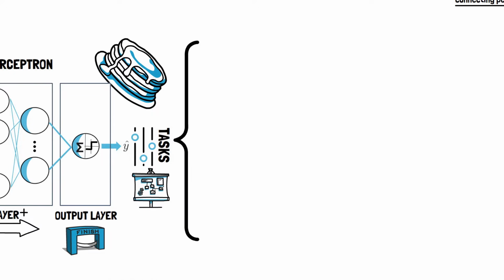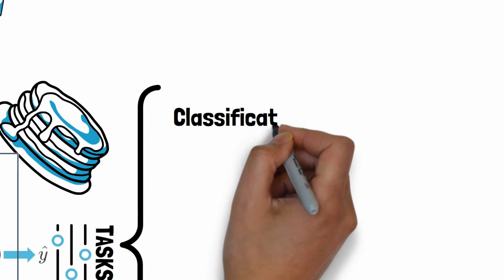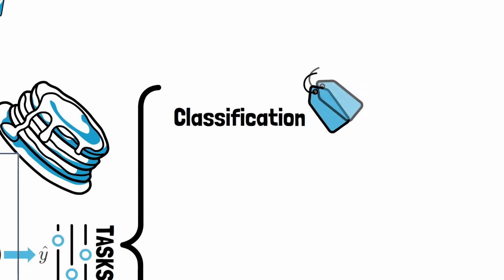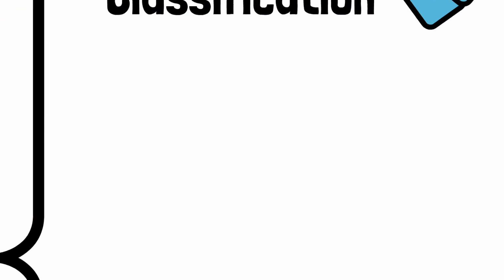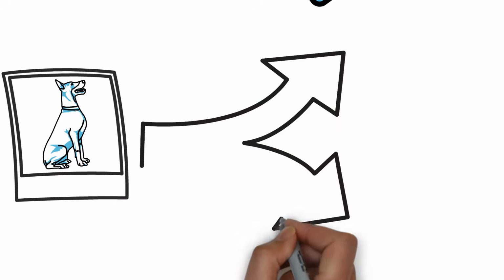So now we can model any data into inputs for our MLP. But what about the outputs? First off, we need to define the task we want the model to perform. We might want our model to perform a classification task, that is, categorize input data into predefined classes or labels. For example, recognizing whether a picture contains a dog or not.